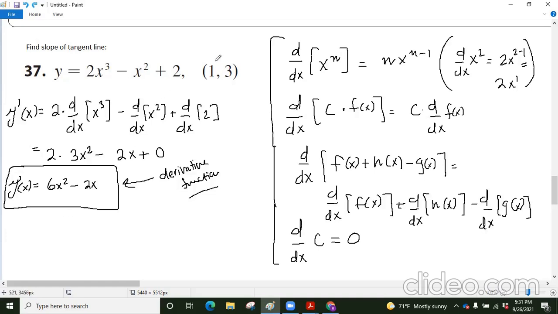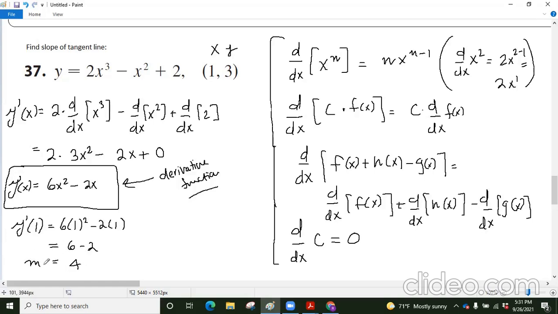So if I plug in my x value, which is this guy, an ordered pair consists of x and y. So if I put this x into y prime of x, what am I going to have? If I do y prime of 1, I'm essentially going to get 6 times 1 squared minus 2 times 1, which is equal to 6 minus 2, which is equal to 4.